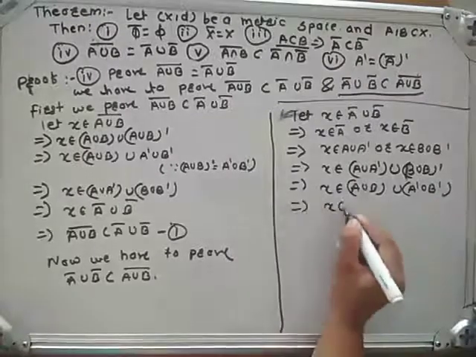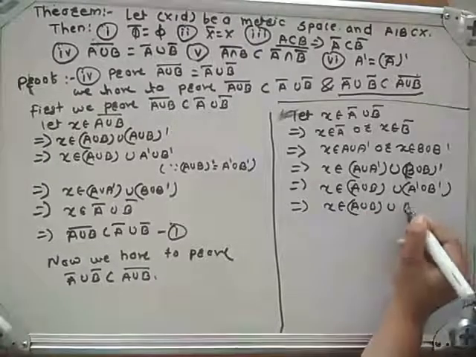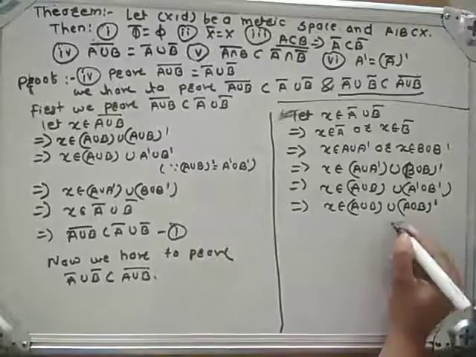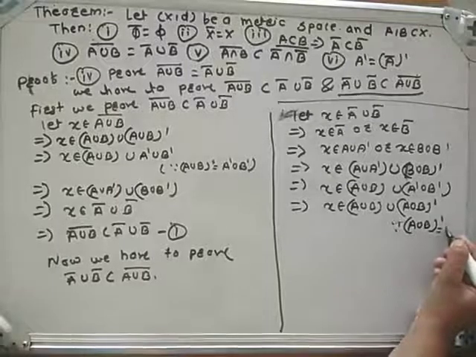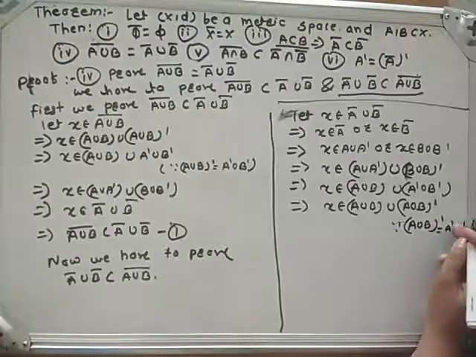That implies x belongs to (A union B) union (A union B) dash. What is the reason? Since (A union B) dash is nothing but A dash union B dash.